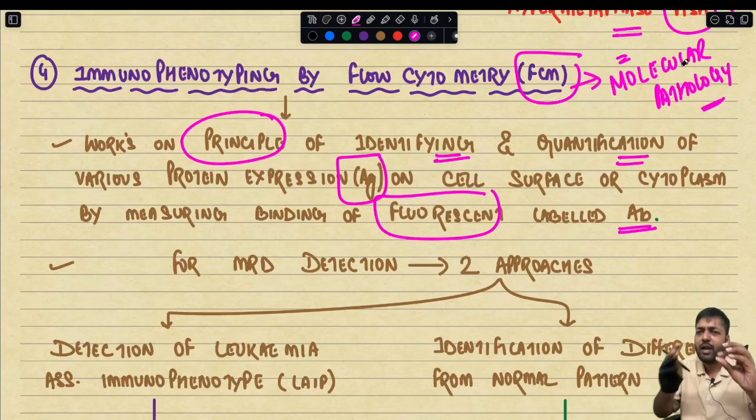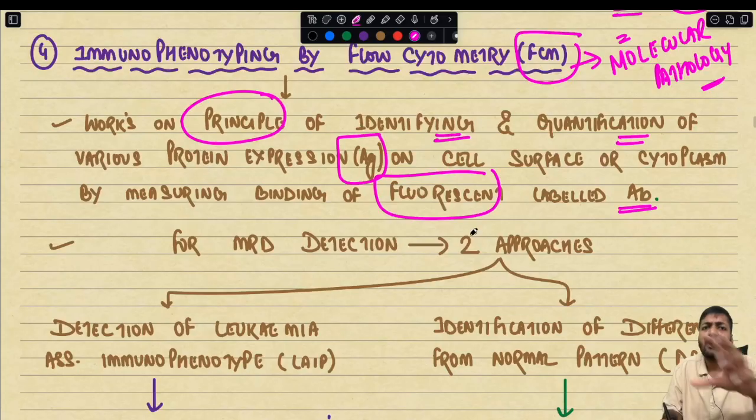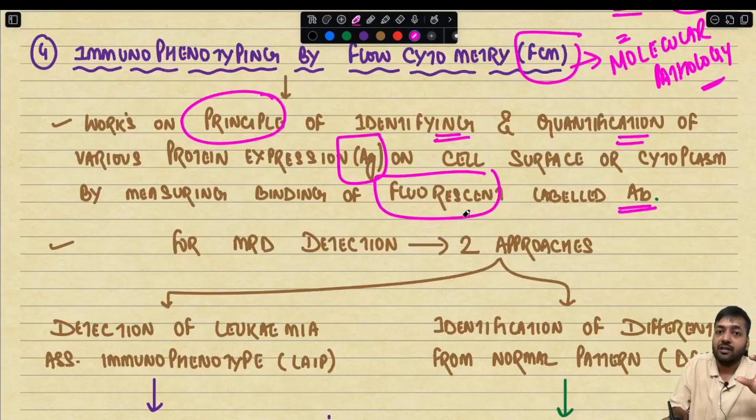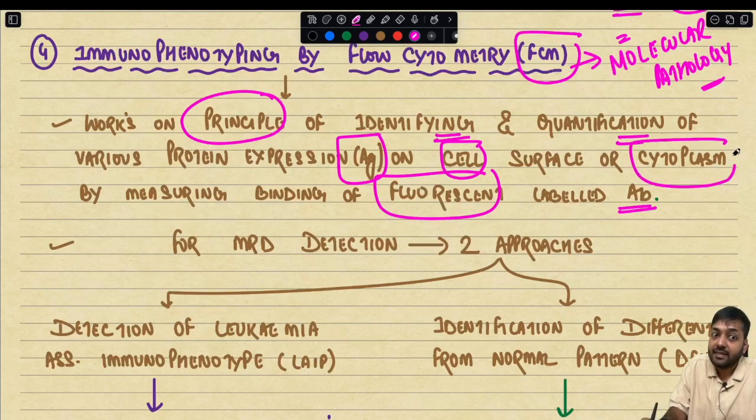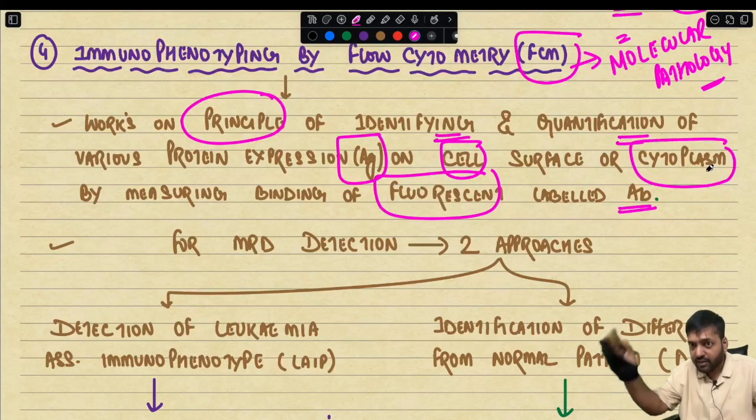So we are just going into the basics of the principle, because in the exam you will not have so much time to write each and everything in detail. So in just one line, you have to write the principle. FCM, immunophenotyping by flow cytometry, works on the principle of identifying and quantifying various protein expression, that is the antigen expression on the cell surface as well as in the cell cytoplasm, by measuring binding of fluorescent labeled antibody directed against those antigens present on the surface of the cell or within the cytoplasm.